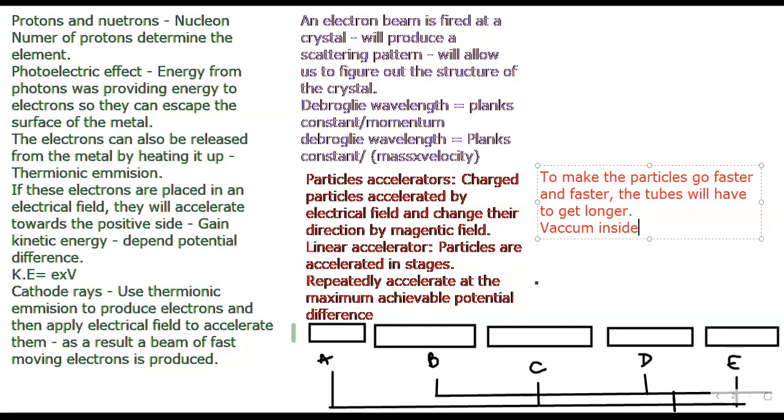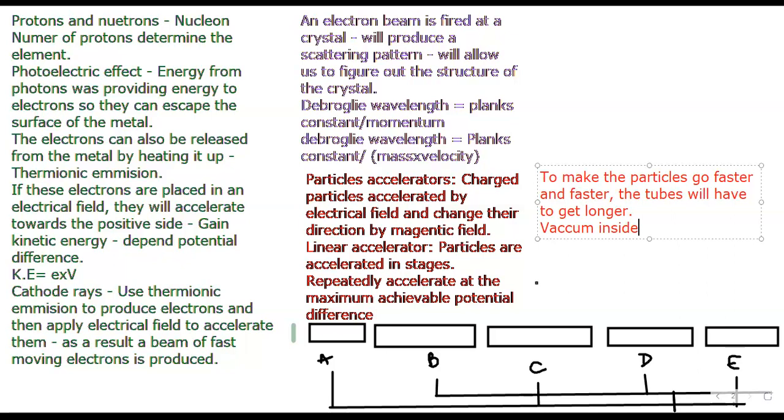Also, the limitation of this type of accelerator is how long you can afford to build it. How much time can I spend building an accelerator? The longer and bigger I make it, the more I can do with it, but it's limited by how much time I can actually spend building it.